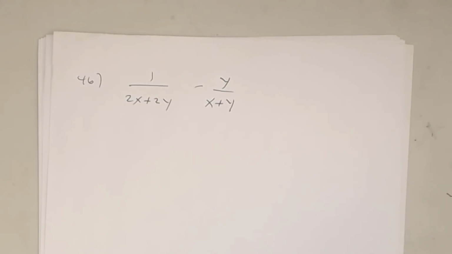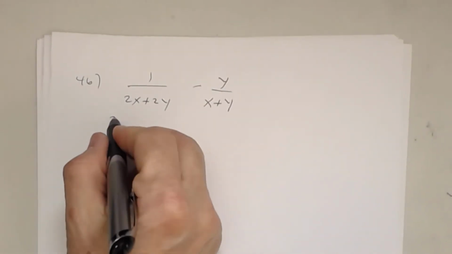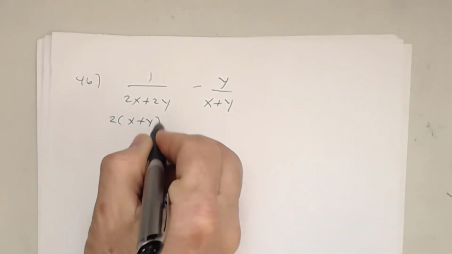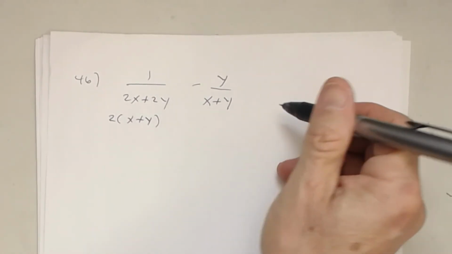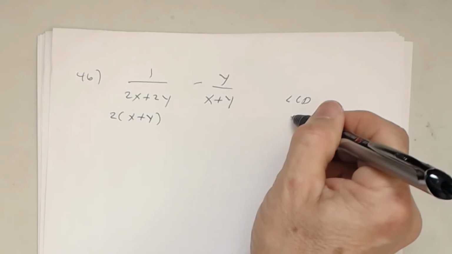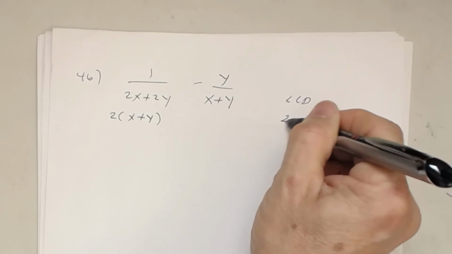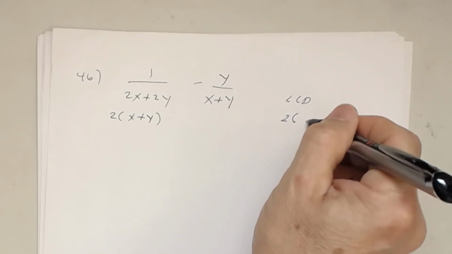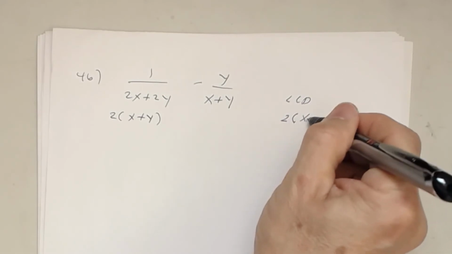All right, so what are you going to do? Okay, you can factor out a 2 in the first denominator. And that's about all you can do in terms of factoring the denominators. Now, what's the LCD? 2 times x plus y.